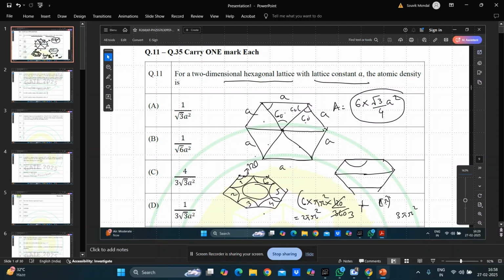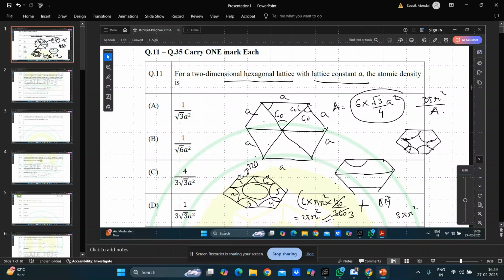And if you don't consider any central atom, like these are all touching each other, closely packed, there is no vacant space at the center for another one, then the configuration is only 2 pi r square. So this is the area, and to calculate the fractional area, you divide 3 pi r square, or 2 pi r square, by the total area A.